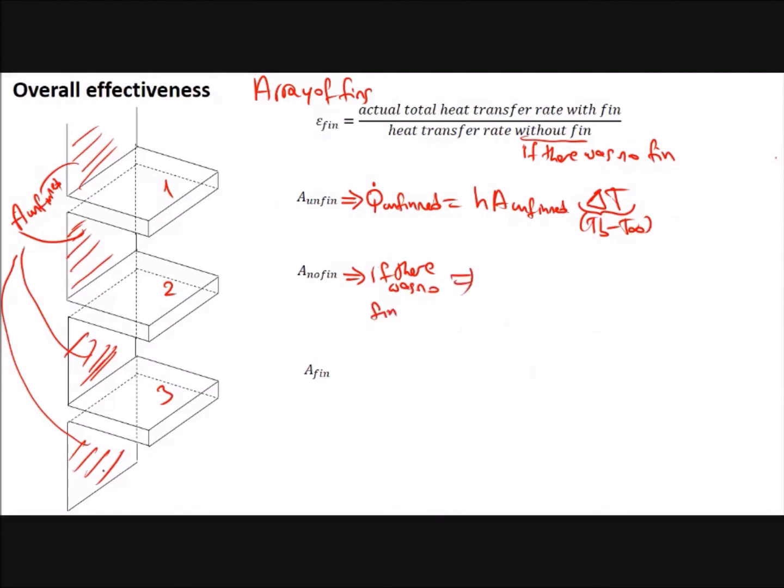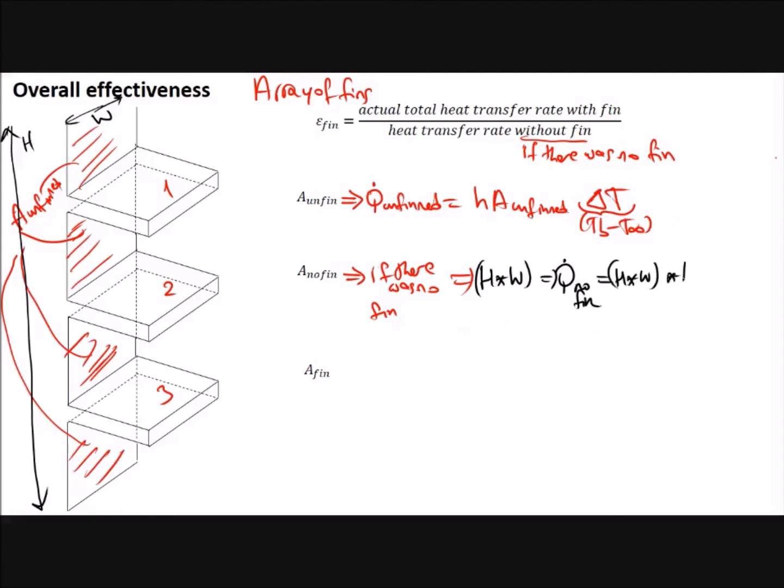Then you would have the area as the width of this part, W, and then the height, let's say H. So area no fin is H into W. And then Q dot no fin will be equal to h times H times W times T base minus T infinity.